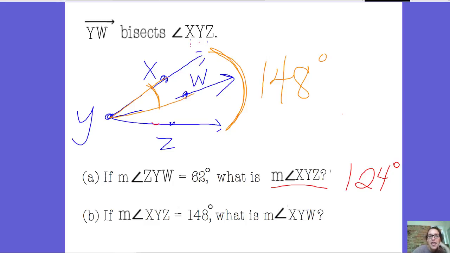Again, if YW is bisecting that angle, it's splitting it in half into two congruent pieces. To get each half, I'm going to take the whole thing, 148, and divide it by 2. So this piece is 74 degrees and this piece is 74 degrees. 148 divided by 2 is 74. So the measure of angle XYW is 74 degrees.